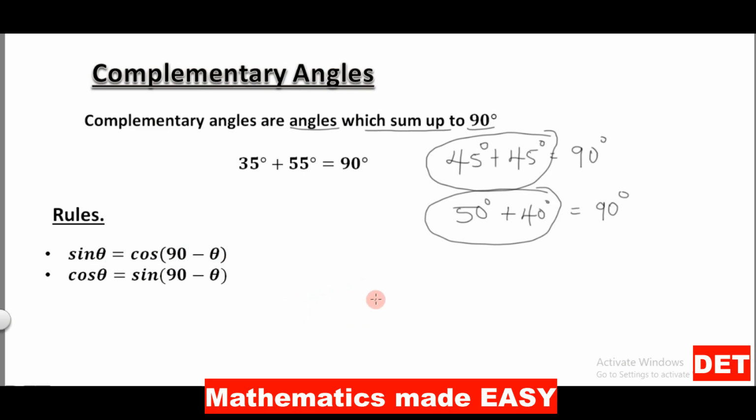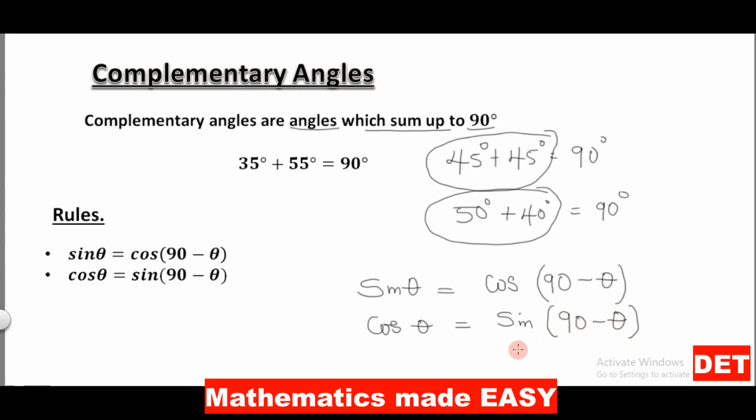If I am given sine theta, you should know that sine theta is equal to cos(90 minus theta). Then if you are given cos theta, that will be equal to sine(90 minus theta). Alright, so these are the two rules that you follow whenever you're solving questions that have to do with complementary angles.